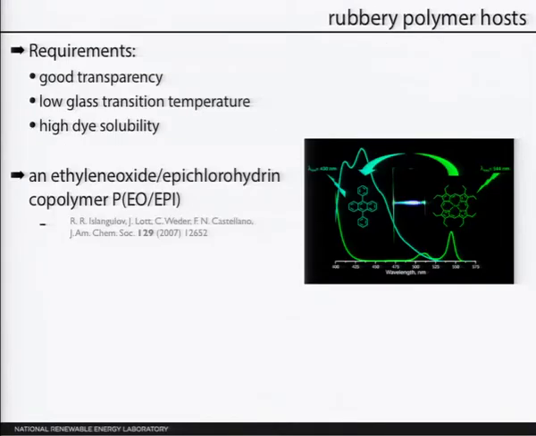So in terms of some of the work we've been carrying out in our Sunshot project, we're considering dispersing our upconversion materials into a solid state host. What I show here is a porphyrin complex and diphenylanthracene that have been dispersed in an ethylene oxide epichlorohydrin copolymer.